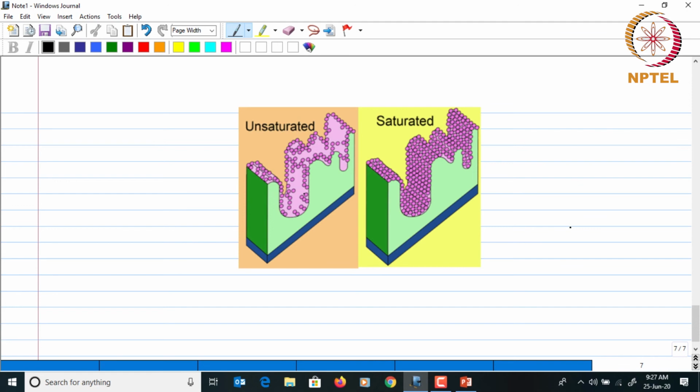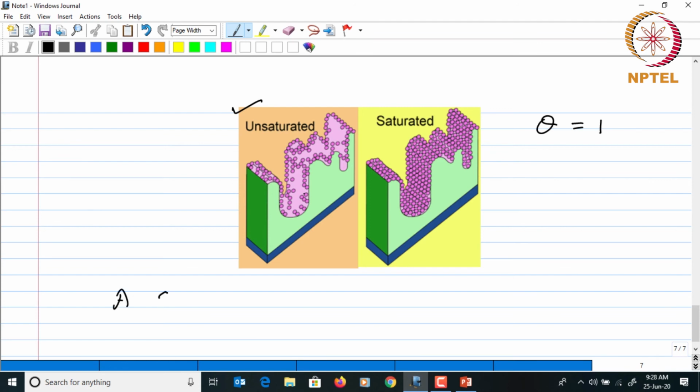Right, so in the beginning only a fraction of sites were occupied, as we have seen before, and now at high pressure all the sites are occupied when theta is 1, right? And this is when, as I said, a saturated monolayer forms, which is just one atomic layer thick. And this is what the Langmuir isotherm basically describes: the formation of a saturated monolayer on an adsorbent surface.